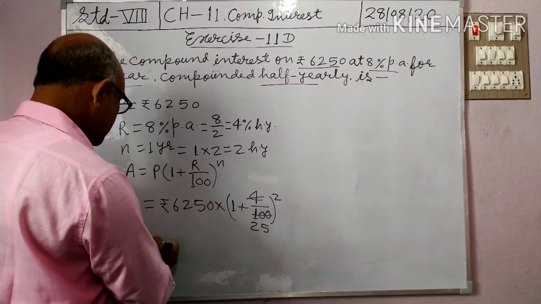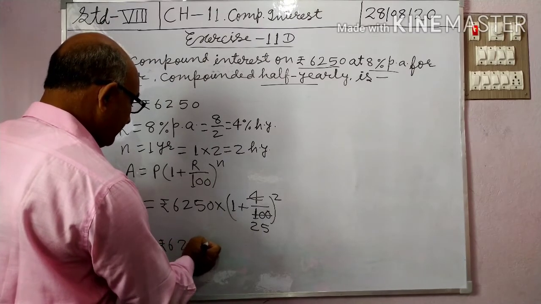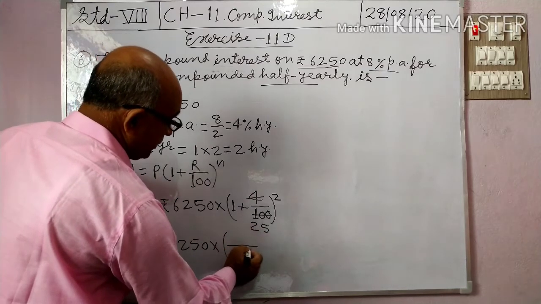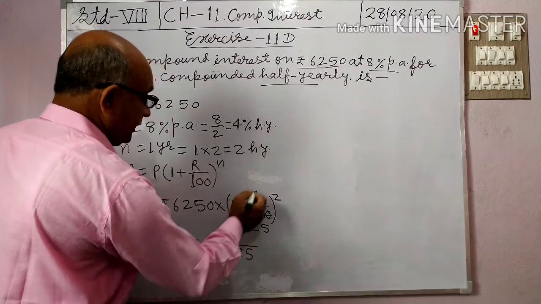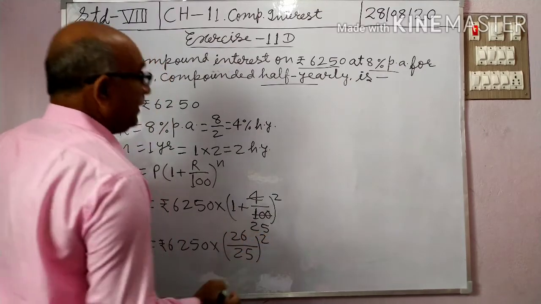Equal to rupees 6,250 into, LCM is 25, 25 plus 1, 26 to the power 2.